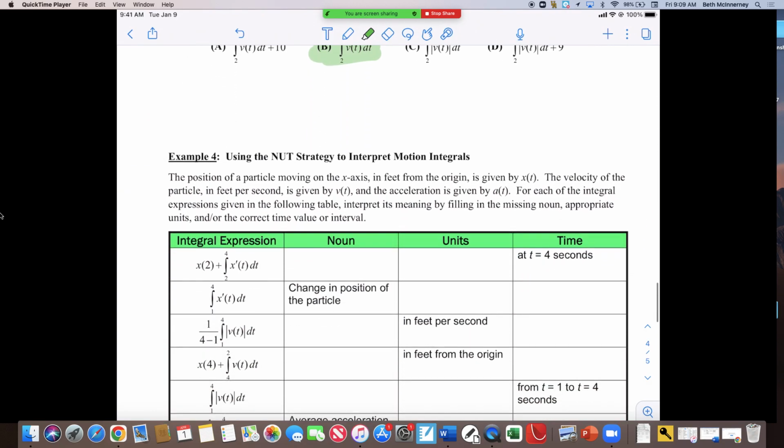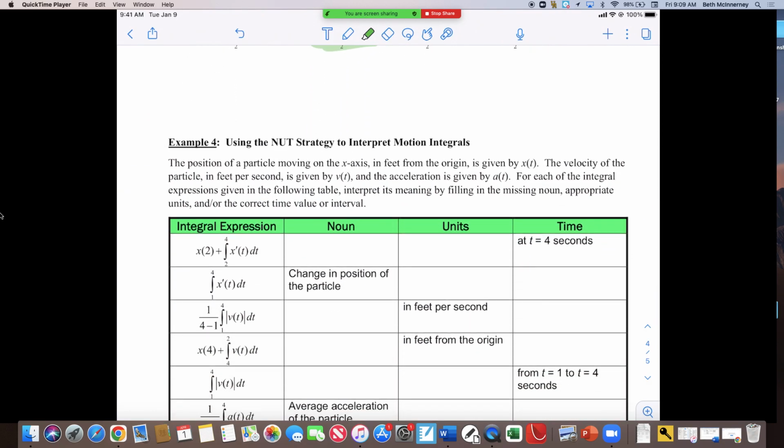All right, example 4. It says the position of a particle moving on the x-axis in feet from the origin is given by x of t. The velocity of the particle in feet per second is given by v of t, and the acceleration a of t.